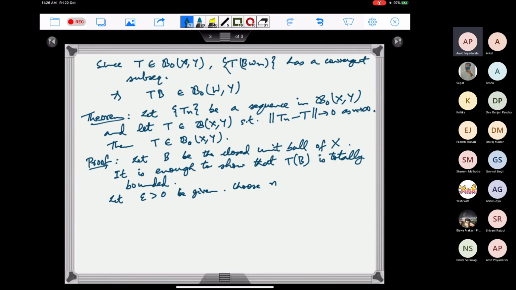Let's take this n naught such that norm of T_n naught minus T is less than epsilon by 3. In fact, we can choose this n naught such that this is true for all n bigger than or equal to n naught. This can be done because norm of T_n minus T goes to 0.